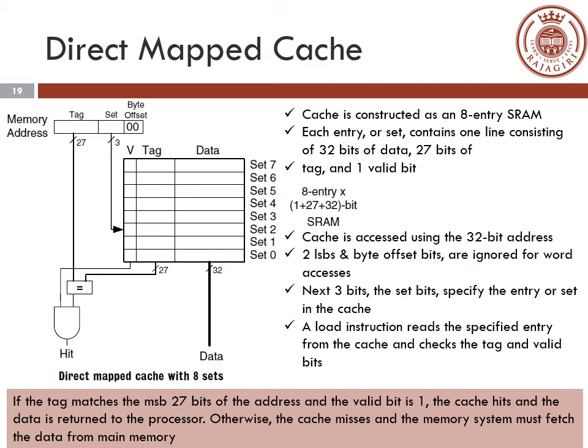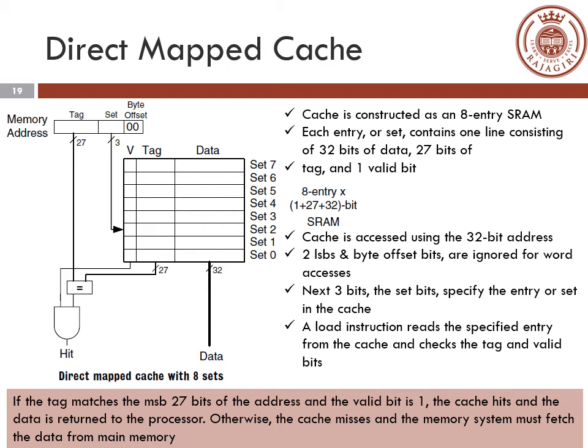It will take the next 3 bits for the set. At the top you can see the 3-bit set, and since it is of size 3 bits, it can have values from 000 to 111. There are 8 possibilities. Based on that, you will go to the corresponding set.